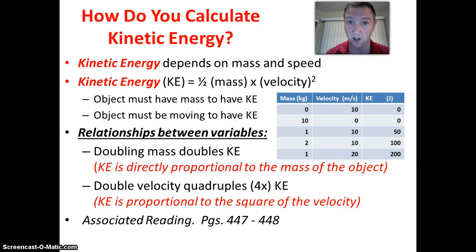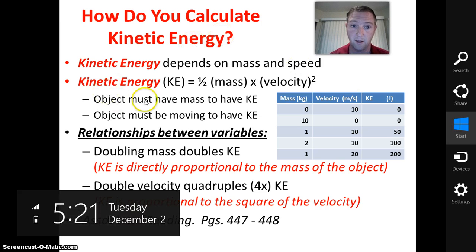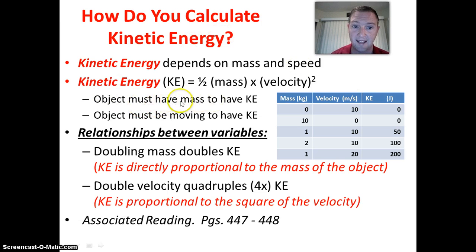Alright, so just in general, before I get into the numbers, notice that an object has to have mass to have kinetic energy. If it doesn't have mass, then no matter how fast it's going, anything times 0 is going to be 0 joules. Notice, units for kinetic energy are measured in joules, the same unit as we use for work.